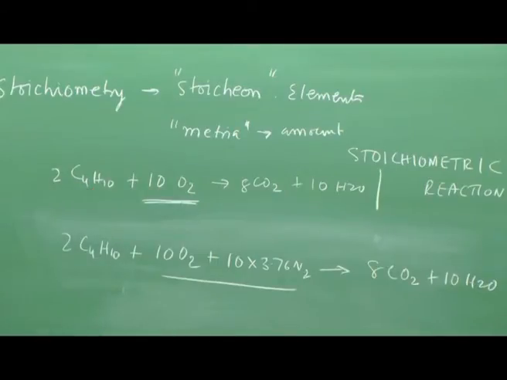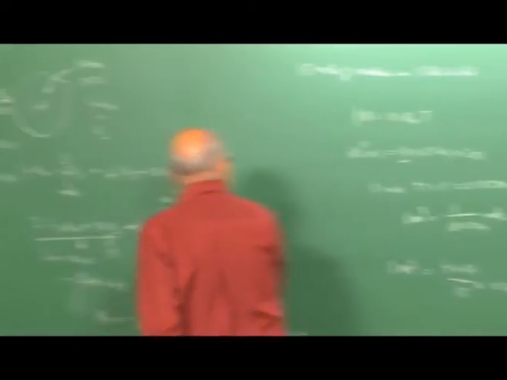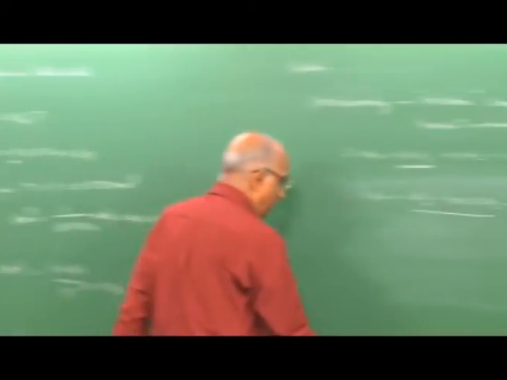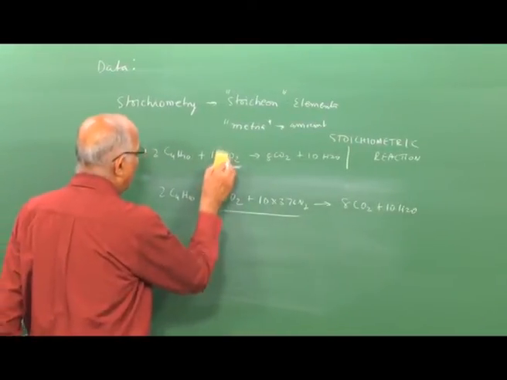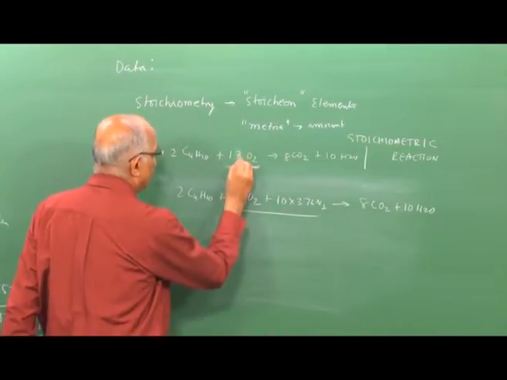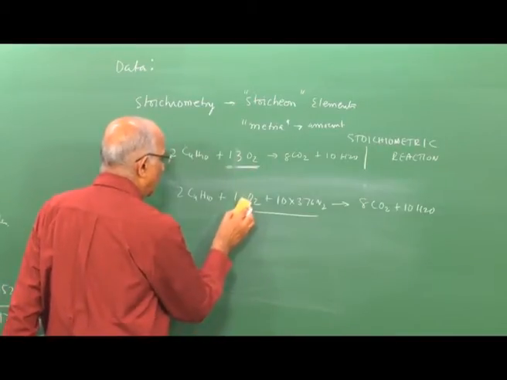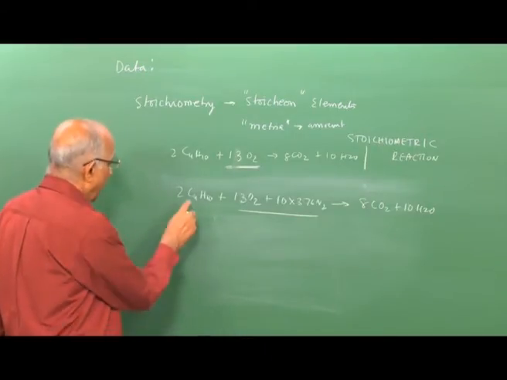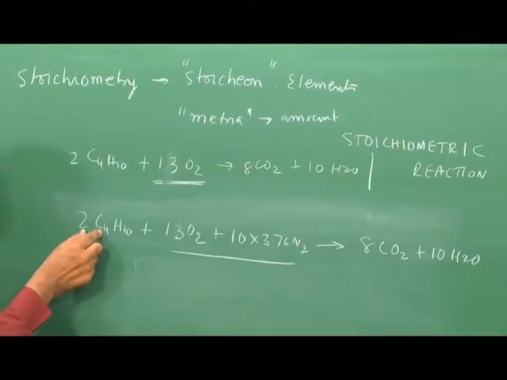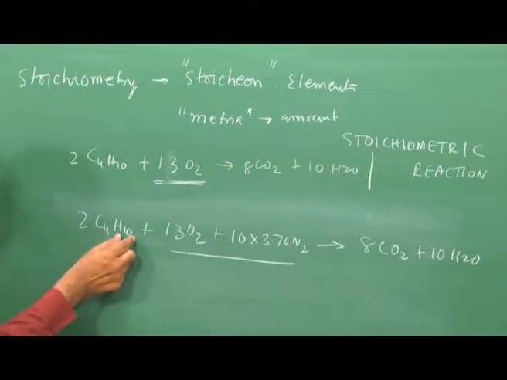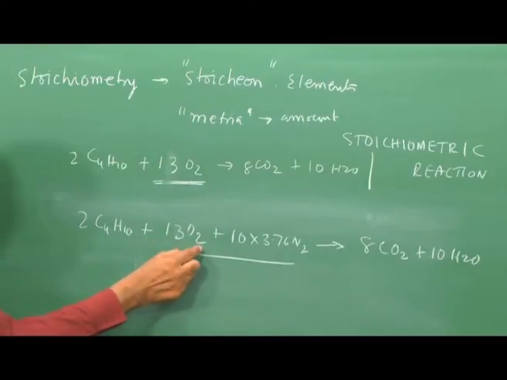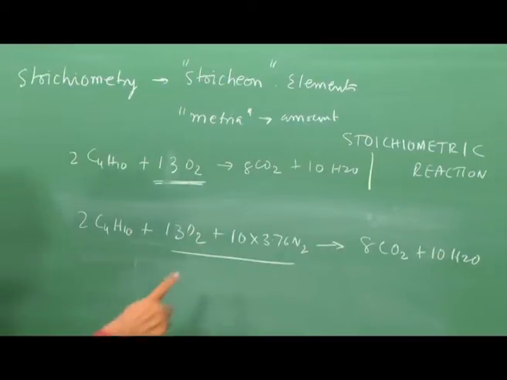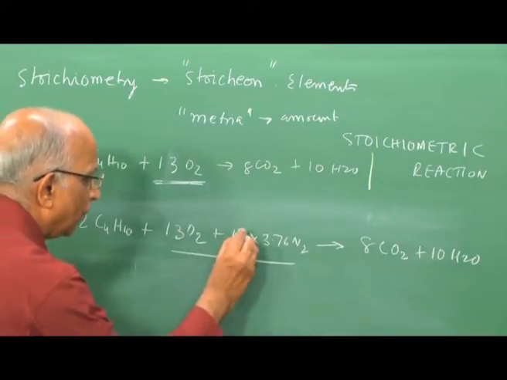C4H10, what did I have here? I have 13, therefore if it was perfectly balanced, it should have been 13 over here, because 8 CO2 will take 16 oxygen plus I have 10, which means 26 oxygen atoms, therefore 13 into 2, 26, over here.